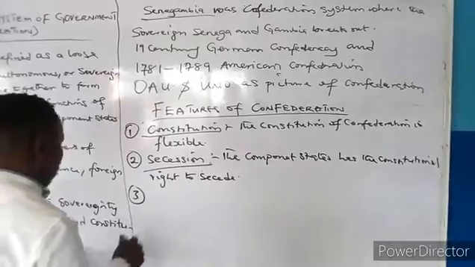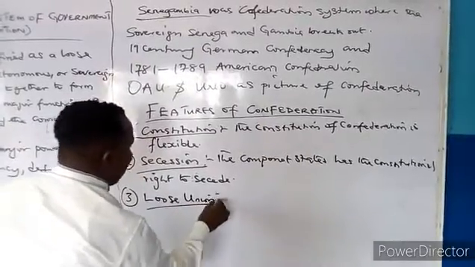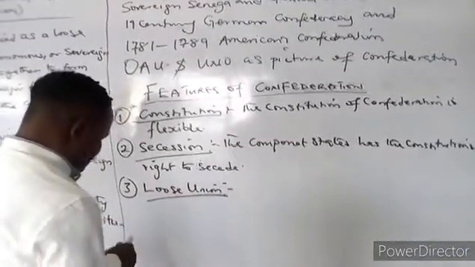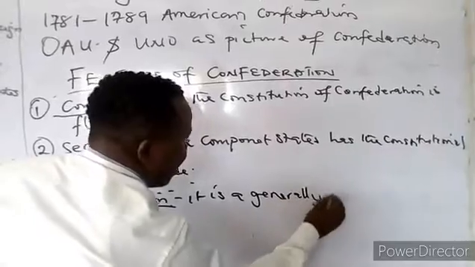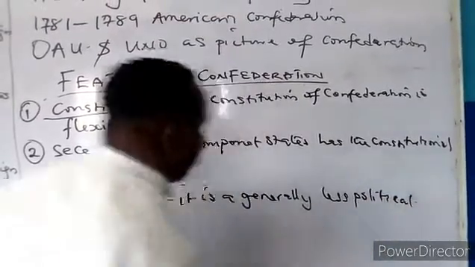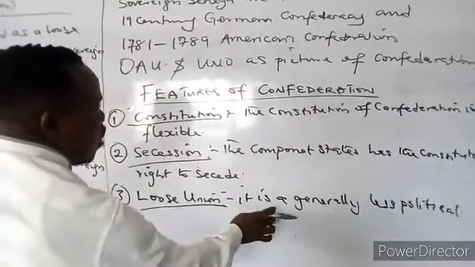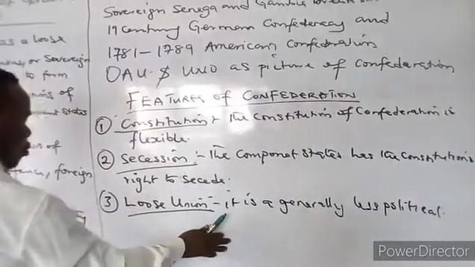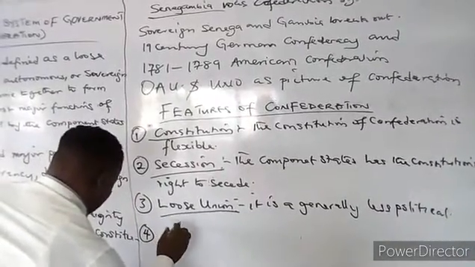Number three, loose union. Like we said in the definition, it is a generally loose political arrangement, because the center is weak, while the component states are strong, performing the major functions of the union. Number four, we have sovereignty.